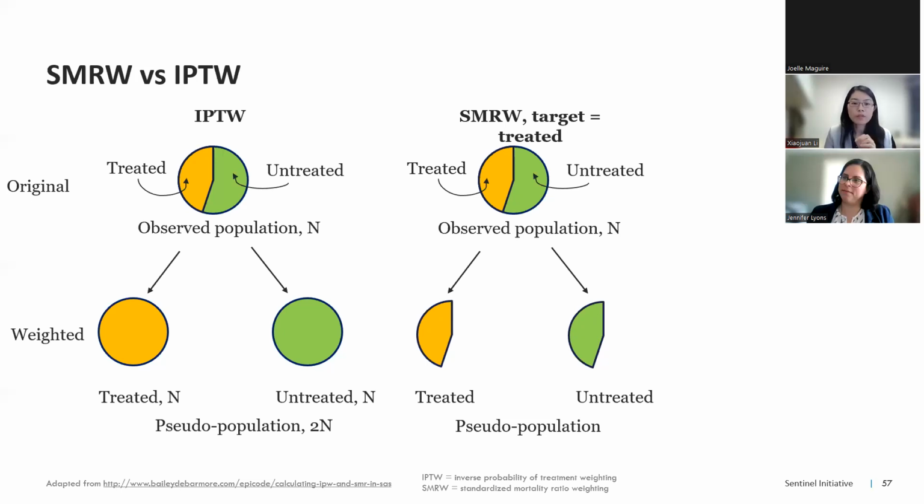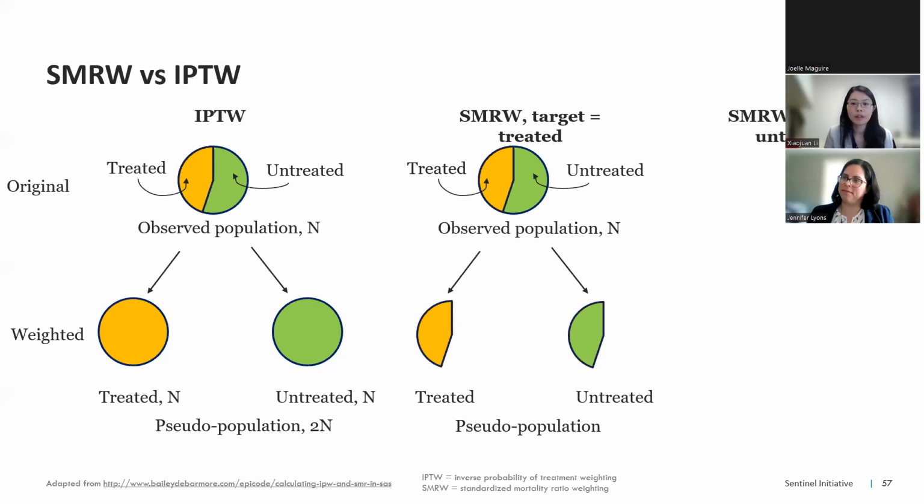And for the untreated group, they are going to receive a weight which is the propensity score odds. And then you can see that the untreated individuals, the green part, now after weighting in the pseudo population, will have the same size as the treatment group in the original observed population.